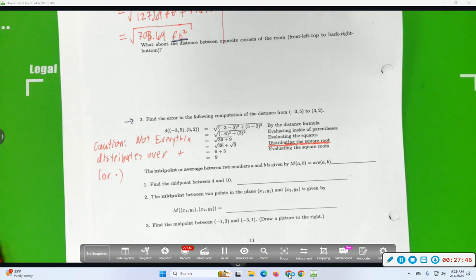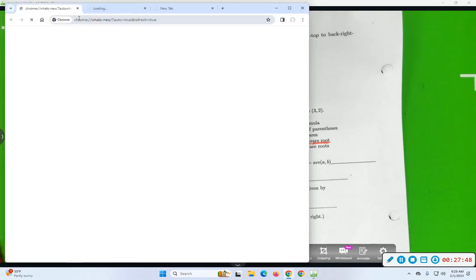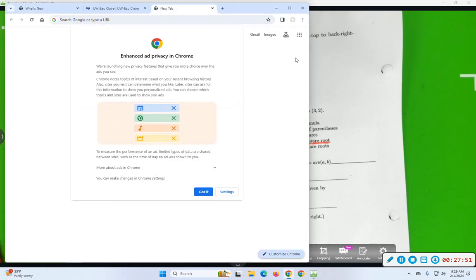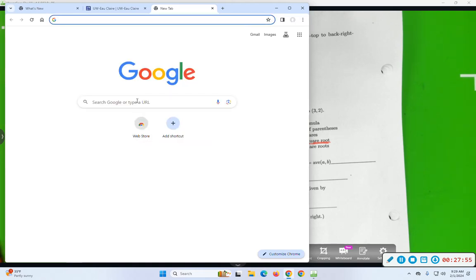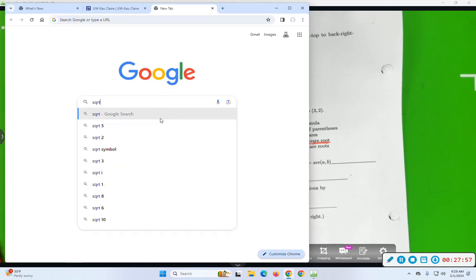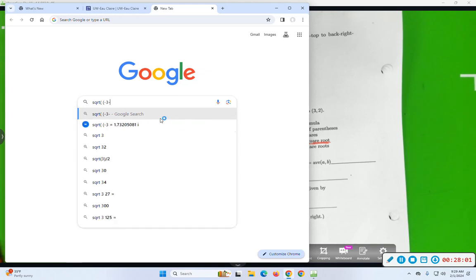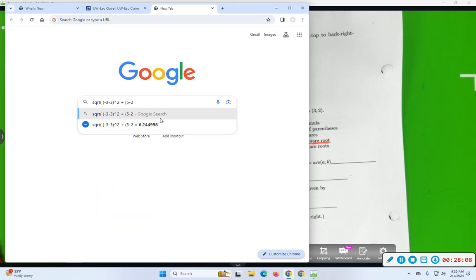So let's pull up a machine. Let's not do any simplification. It's whatever you want to find. Is that expression typed in correctly?